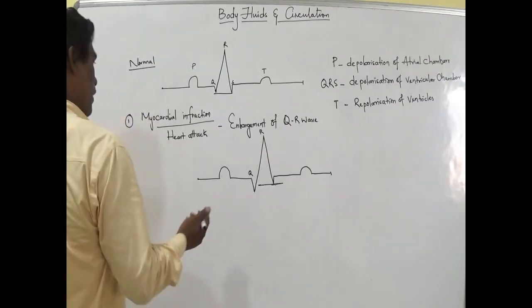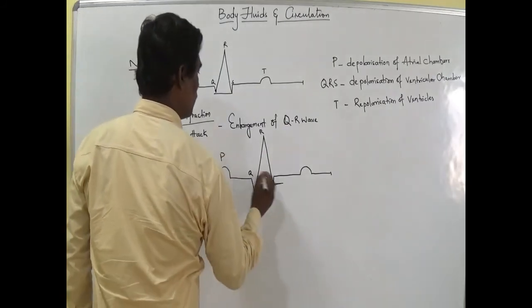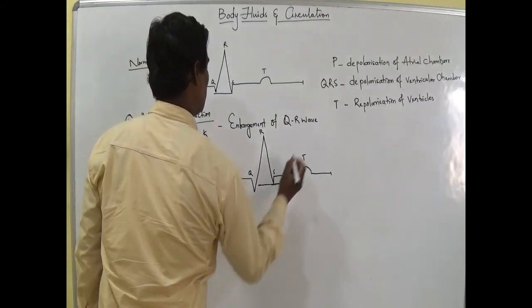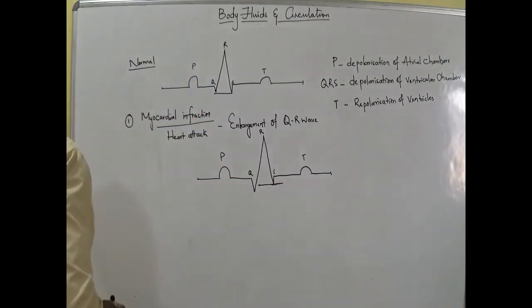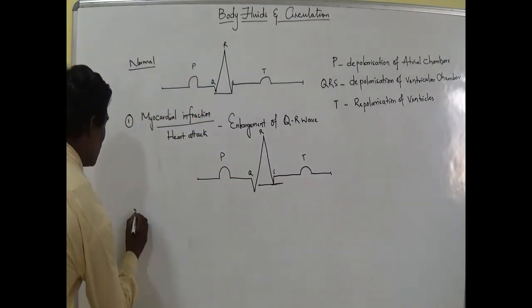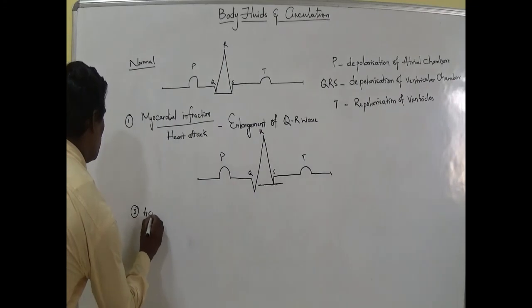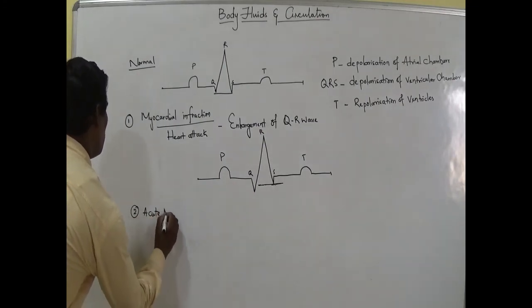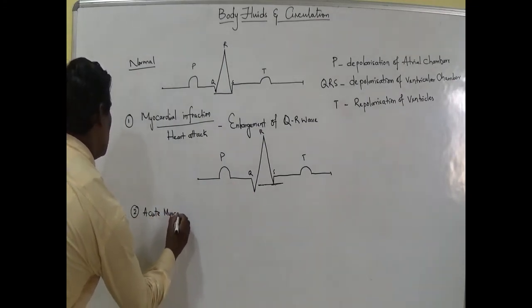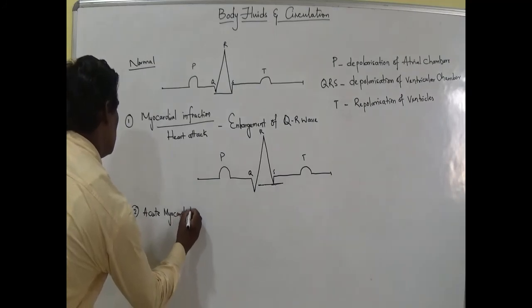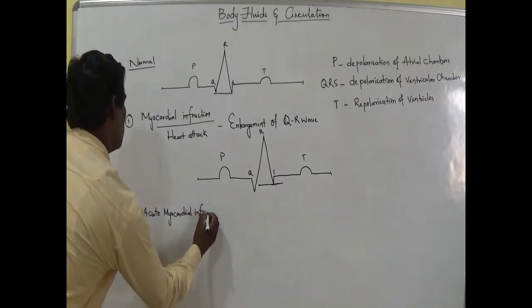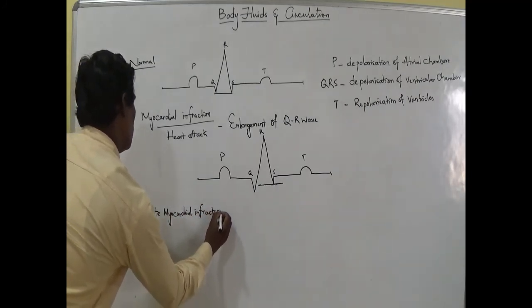Okay, P, QRS and T. So the next one, the second condition, is acute myocardial infarction.